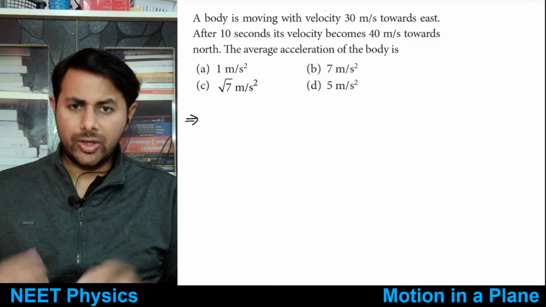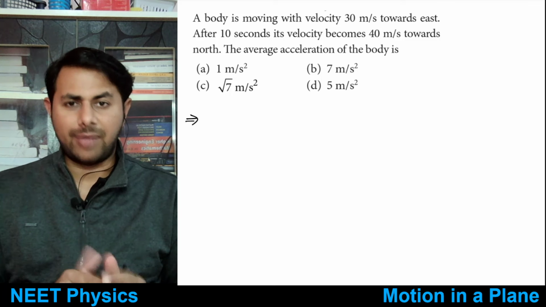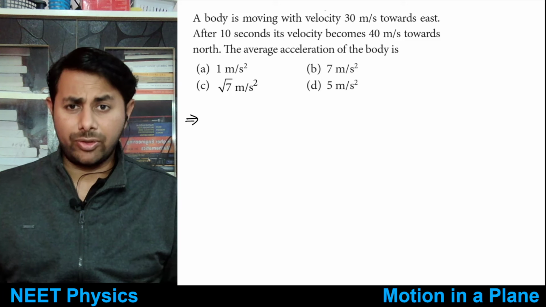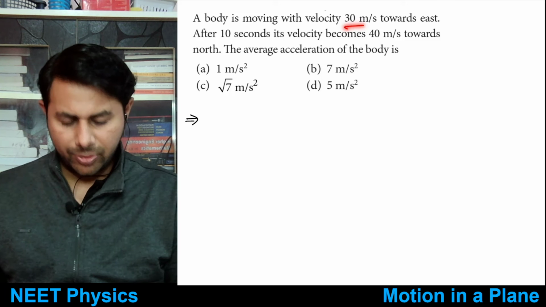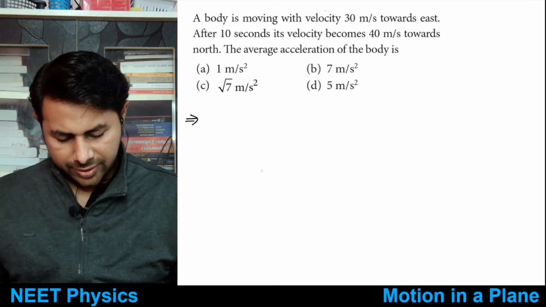Okay, so velocity is a vector quantity. You can change velocity by changing its magnitude or its direction, right, or both. Okay, so here both are changing. So initially the body is moving towards east.